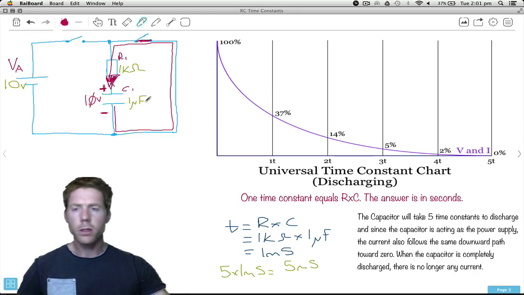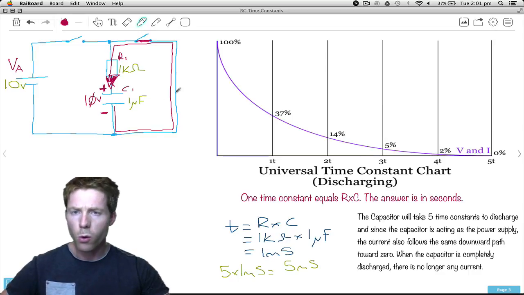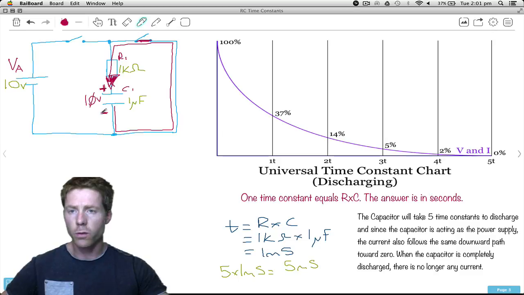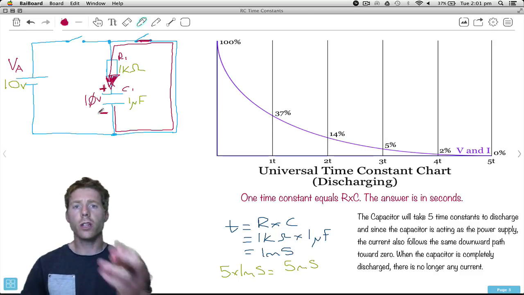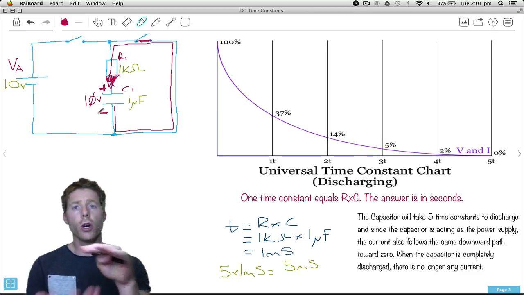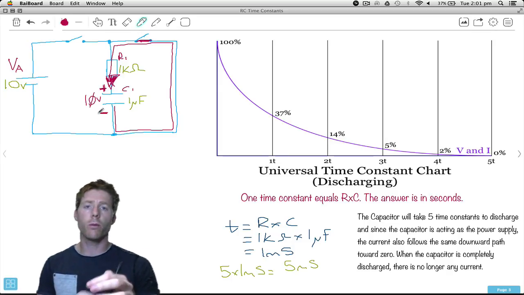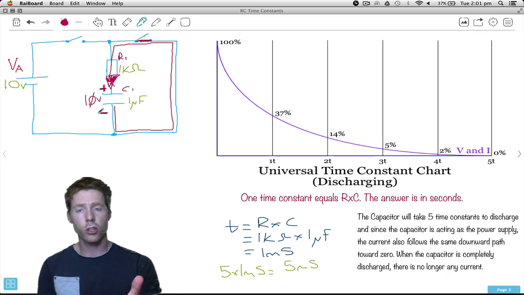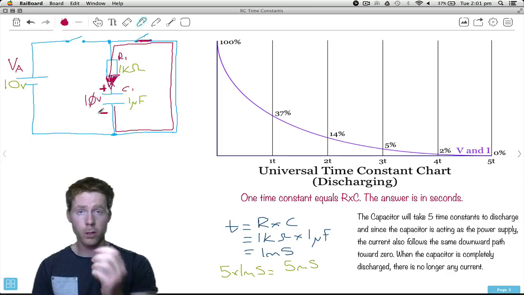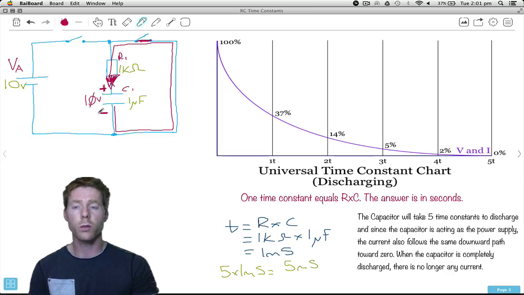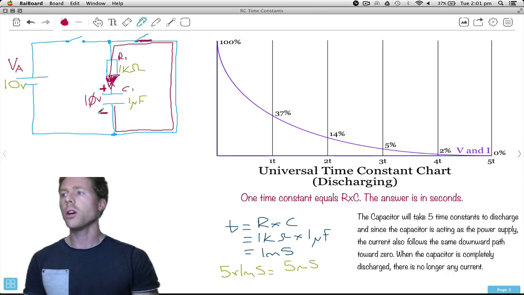As that happens, because we're pouring electrons over to here, this is going to become less positive compared to here. Eventually it's going to get all the way down to where the top and bottom plates have exactly the same number of protons as electrons as each other. Therefore there is 0 volts difference between them because they're at a point of equilibrium.